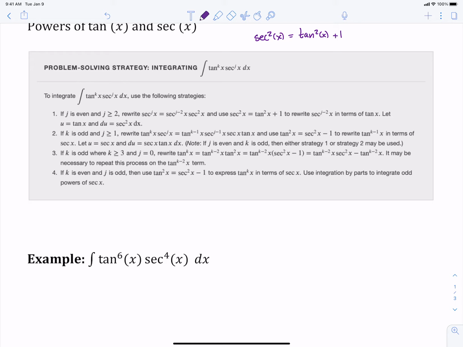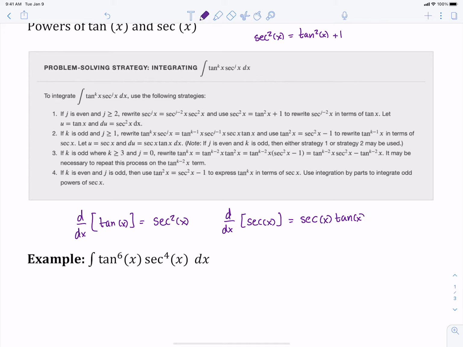It's a little bit more complicated than the ones for sine and cosine, and it's because of what the derivatives are for tangent of x and secant of x. And it's again that idea that we're trying to do a pretty simple substitution by making u either tangent or secant.